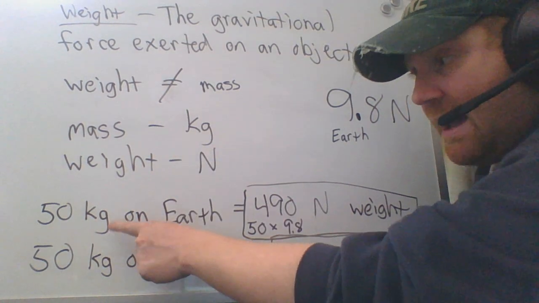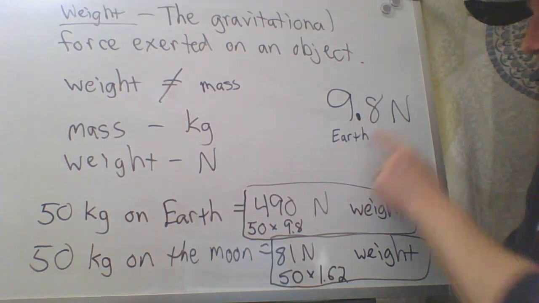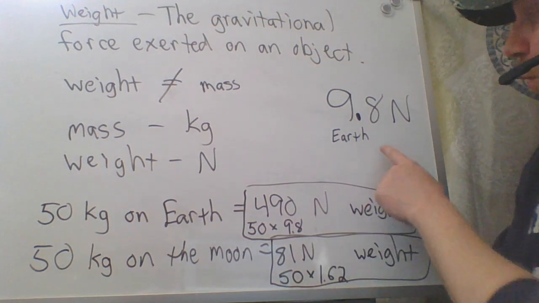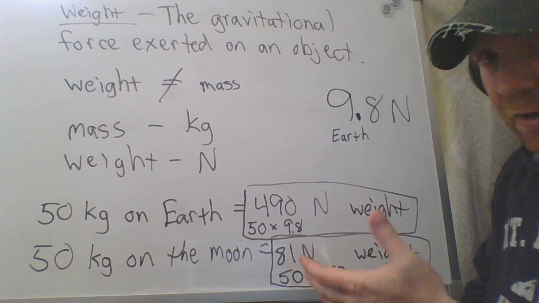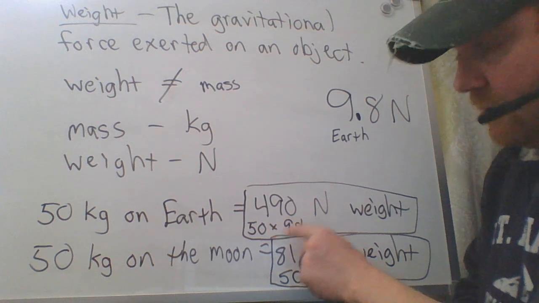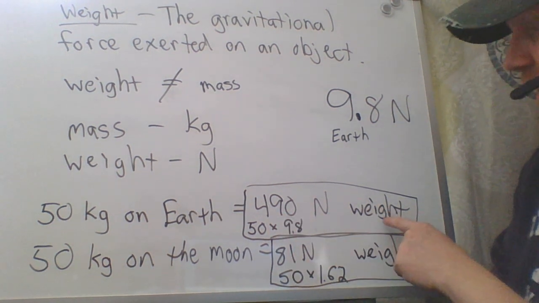If they have a mass of 50 kilograms on planet Earth, if we multiply 50 kilograms by 9.8 newtons, which is the force of gravity at the surface of planet Earth, they would weigh 490 newtons. They would have a weight of 490 newtons.